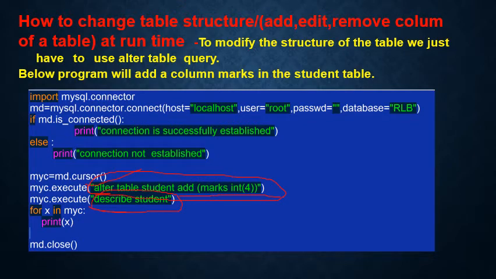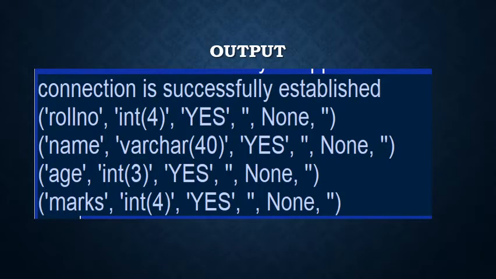Whatever data we get, we can see in the loop one by one, the information of the described table, that is describe student. You will get this result in the form of tuples. You are getting the information of the table by the describe student command.